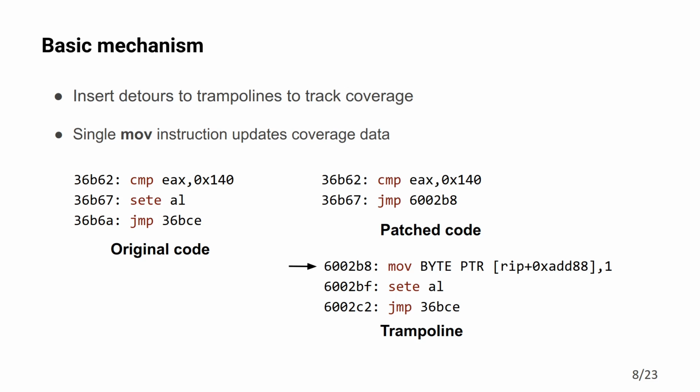In the trampoline, coverage data will first be updated using a single move instruction. Then, the relocated original instruction will be executed. And finally, control flow will be restored back to its original state. Note that bcov does not modify the stack, heap, nor any general purpose register. In other words, instrumentation is completely transparent.